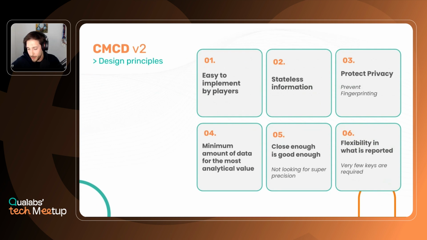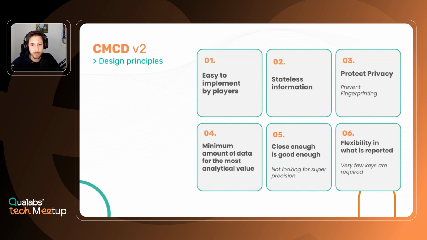Something to understand about CMCD version 2 is the design principles we used to design the spec. First, CMCD should be easy to implement by players. That's very important. The information should be stateless from the player to whatever we are sending the data to. We care about privacy, so we try to prevent fingerprinting in every key we define.